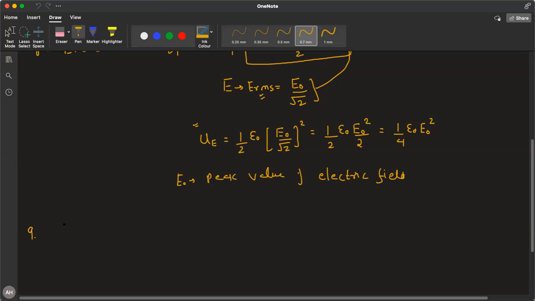Magnetic energy density. Yes, magnetic. Right, Mariam. Magnetic energy density.